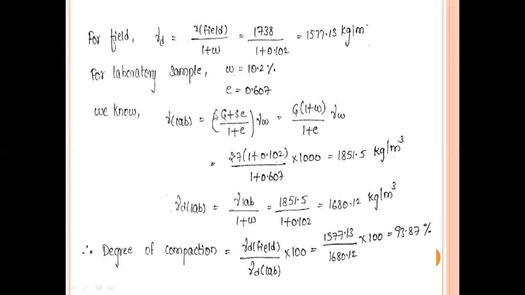Then take common specific gravity G, then the remaining value is 1 plus W, divided by 1 plus E into gamma W. Here G is the specific gravity 2.7. 1 plus water content 10.2 percentage, converted into 0.102, divided by 1 plus E, the void ratio 0.607, multiplied by the density of water 1000, and then the final value is 1851.5 kg per cubic meter.